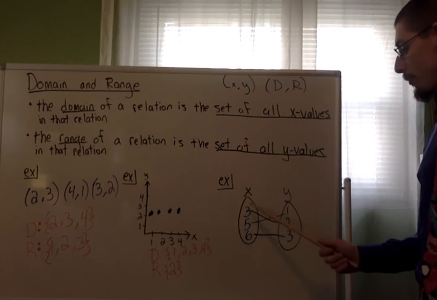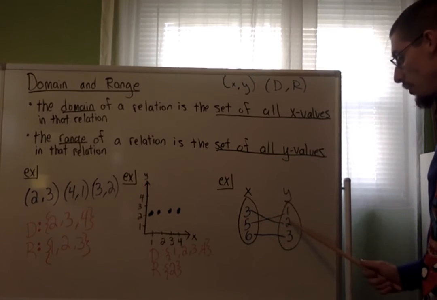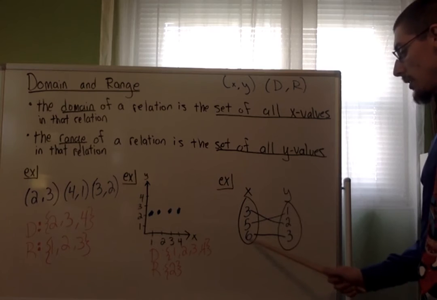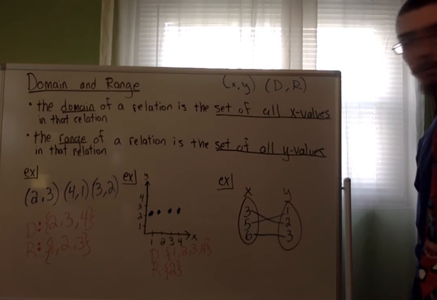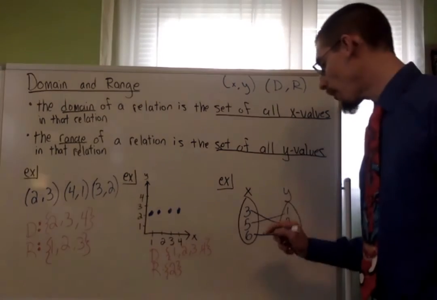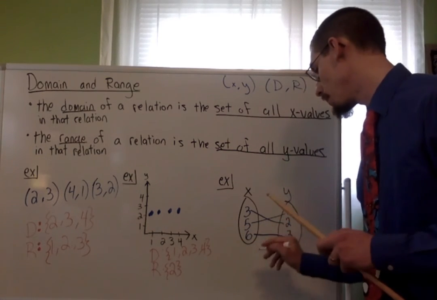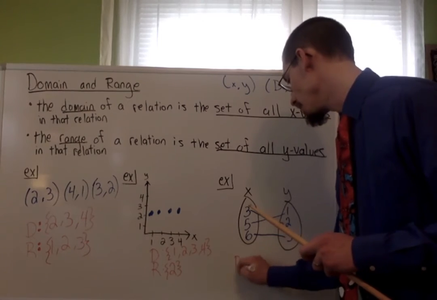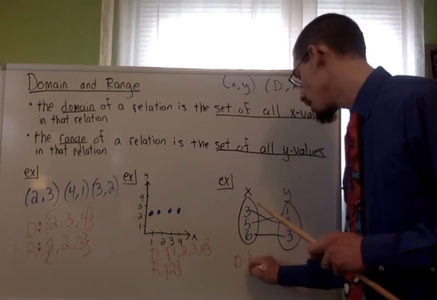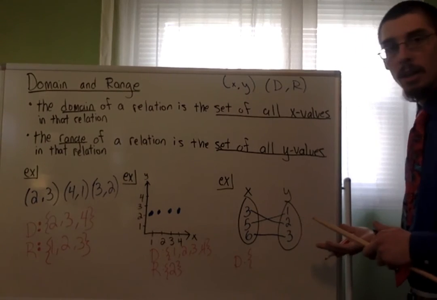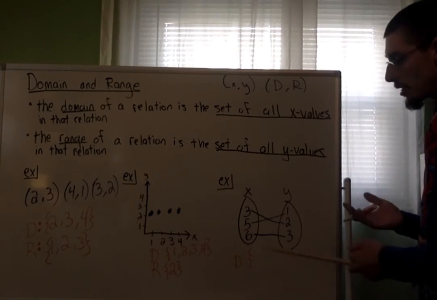So you see, 3 goes to 2, 5 goes to 1, 6 goes to 3. If I wanted my domain, this is actually too easy, because when you're looking at a mapping diagram, you're already looking at the domain and range.